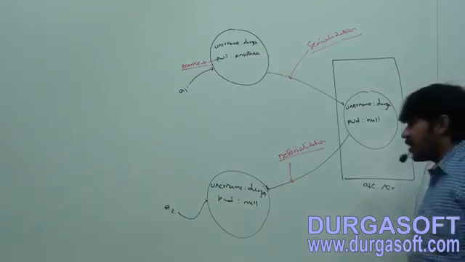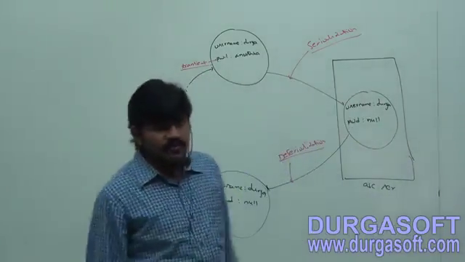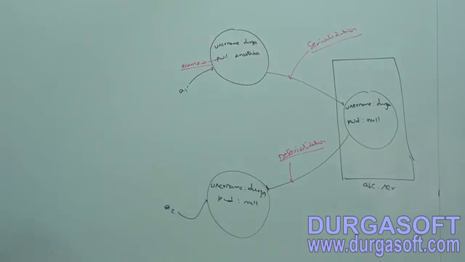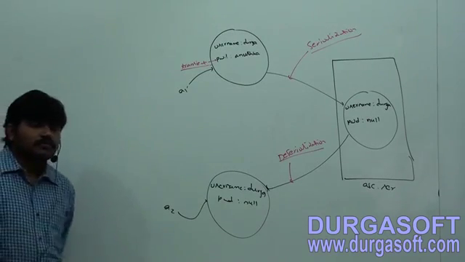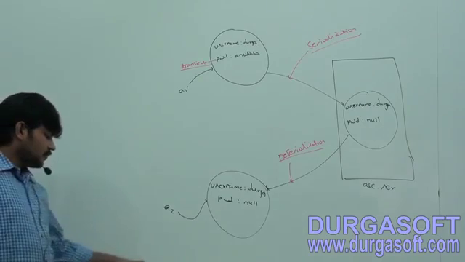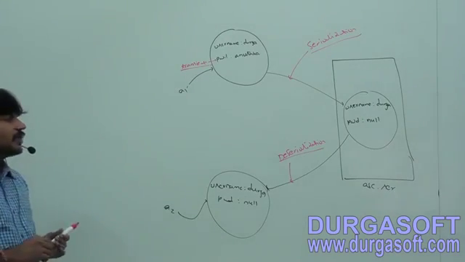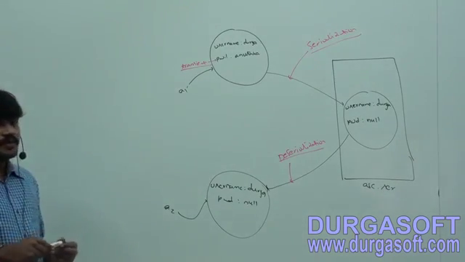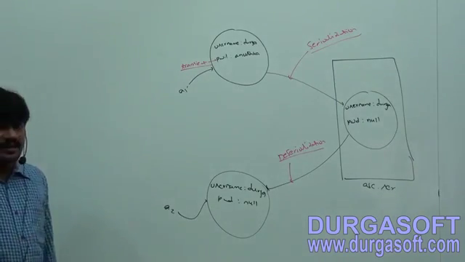JVM ignores the original value and saves the default value to the file. For that purpose we can use the transient keyword.